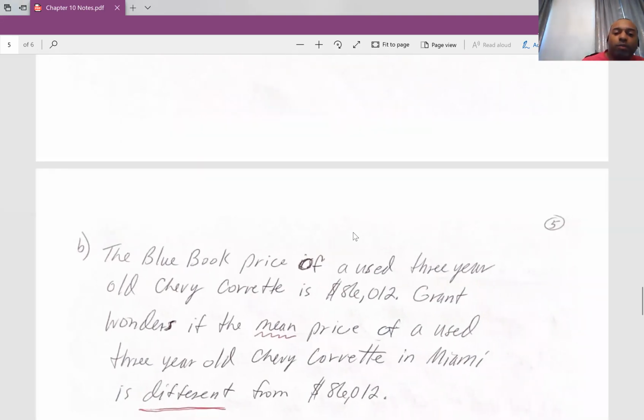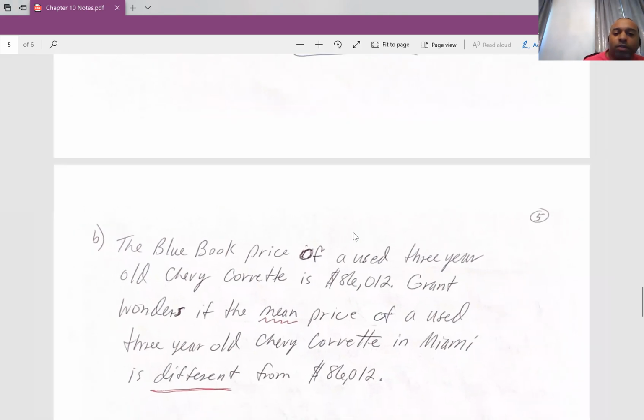The blue book price of a used 3-year-old Chevy Corvette is $86,012. Grant wonders if the mean price of a used 3-year-old Chevy Corvette in Miami is different from $86,012.